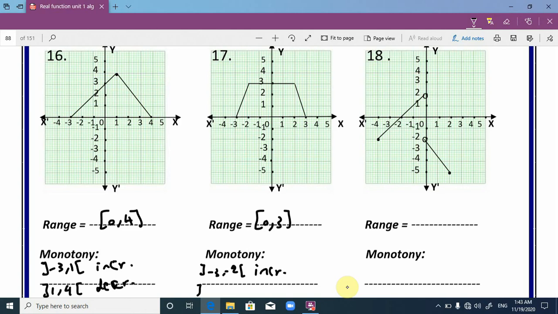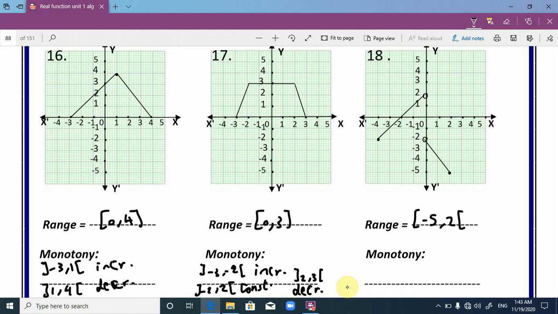And from negative 2 to 2, the f is constant. And from 2 to 3, the f is decreasing. Here is decreasing. Range here from negative 5 to 2 open because the last one on the y-axis is open.